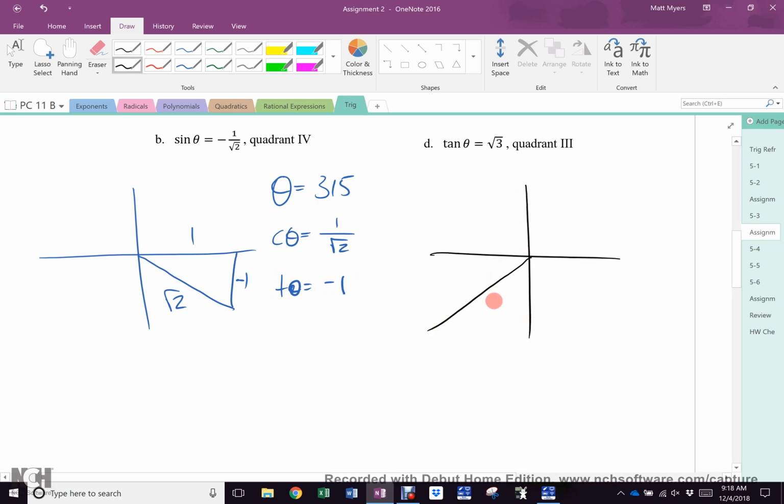Quadrant 3 is down here. Tan is root 3, so root 3 had to be here, -1. This had to be 2, which makes this 60. What's theta? 240. What's sine theta?